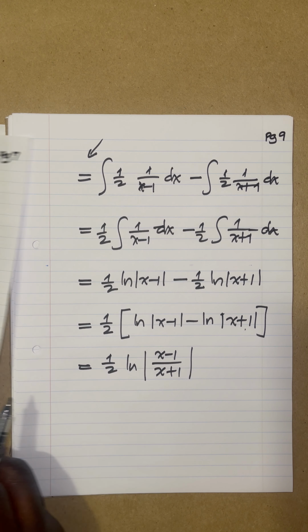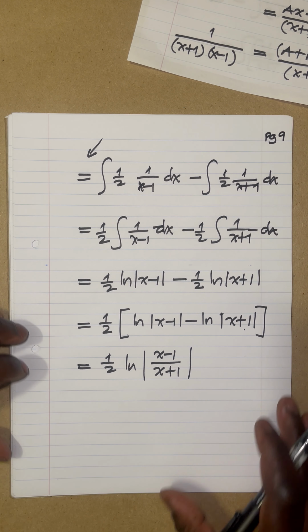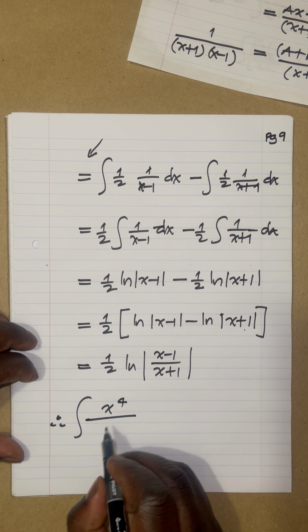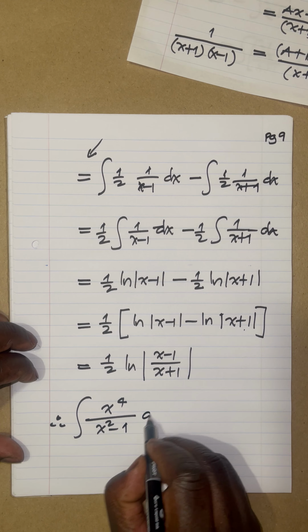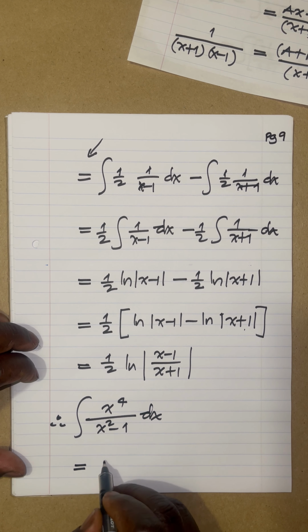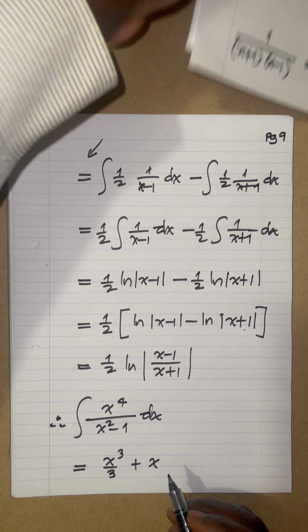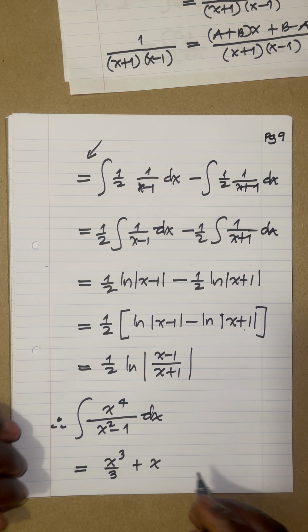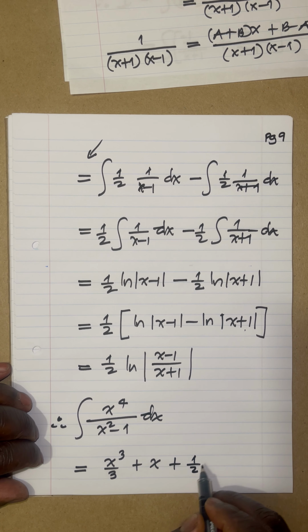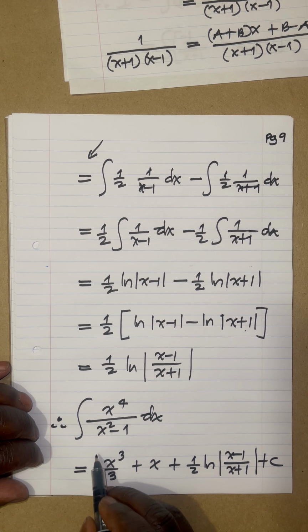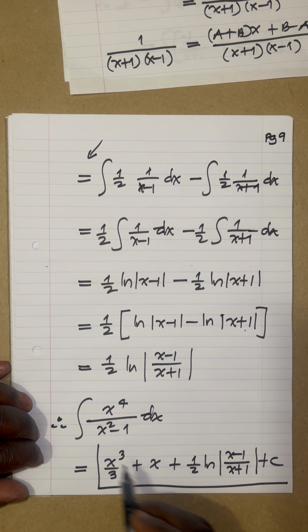So now, to conclude this, which is our integral number 3, we are saying therefore the integral of x power 4 all over x squared minus 1 dx is basically equal to x cubed over 3 plus x plus I. And what is our I? Our I is this one here, plus 1 over 2 the natural log of x minus 1 all over x plus 1, and then plus c, because this integral is an indefinite one, just like the other two that we've looked at so far.